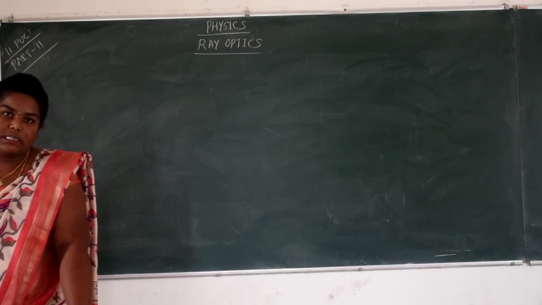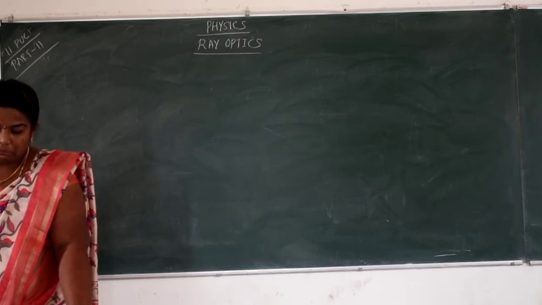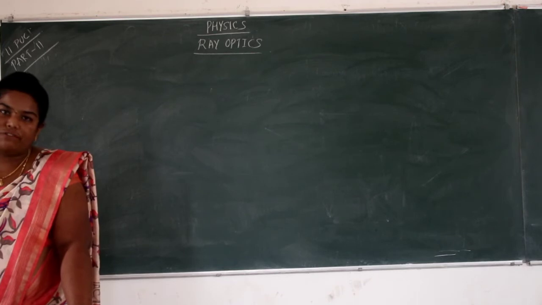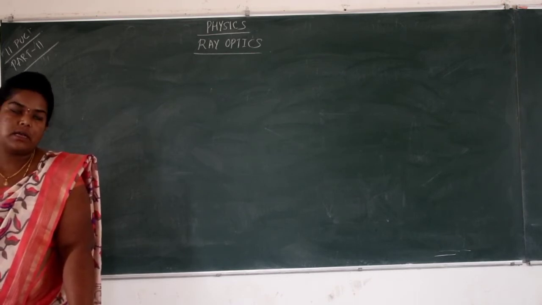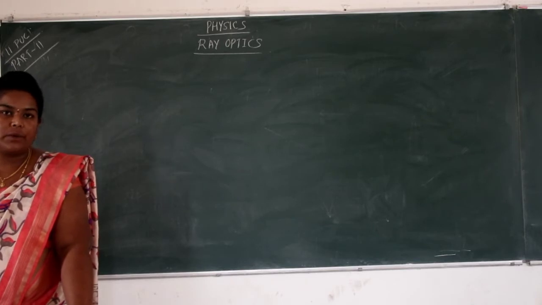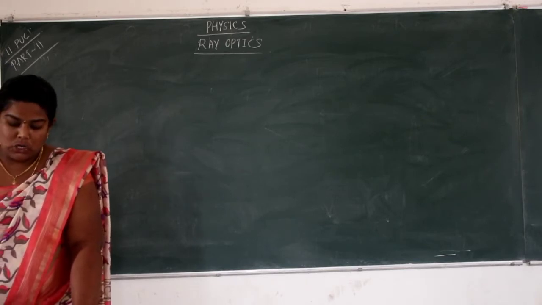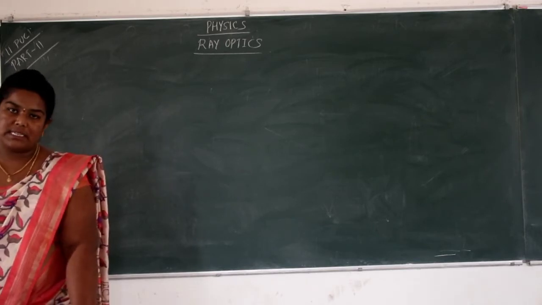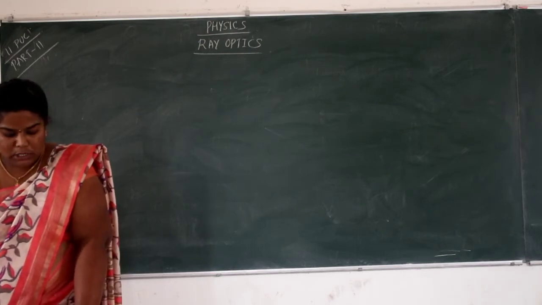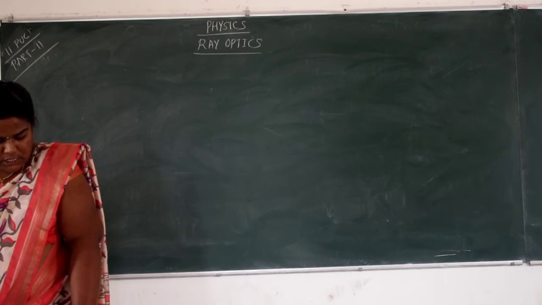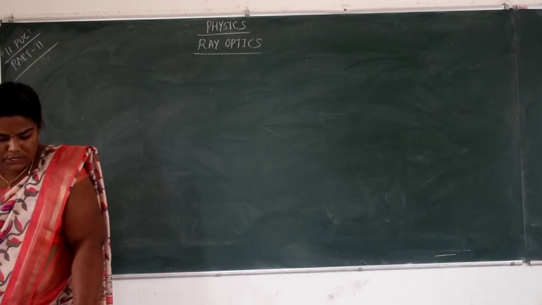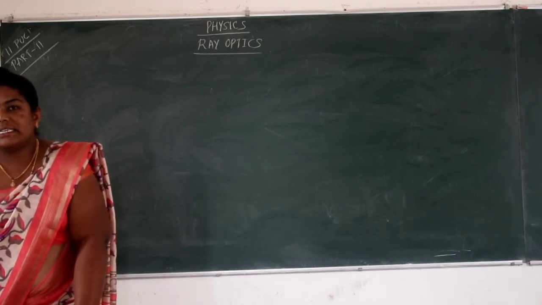When we come to reflection, we have observed two kinds of spherical mirrors: one is the concave mirror and another is the convex mirror. So by using two mirrors, the convex and the concave mirror, we are going to construct a Cassegrain reflecting telescope.